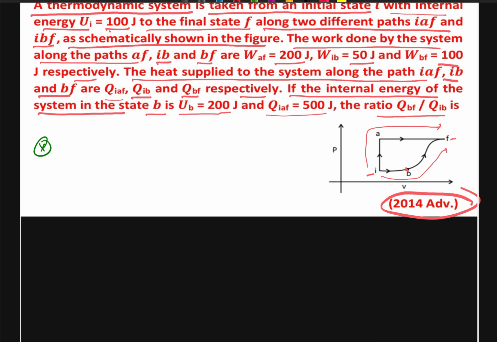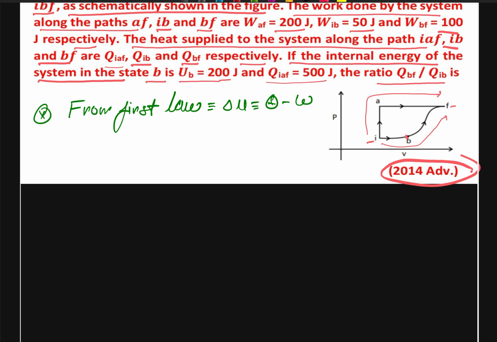So from first law we can write that delta U is equal to Q minus W, and we are given that initial energy at I state is 100 and at point B it is given as 200.